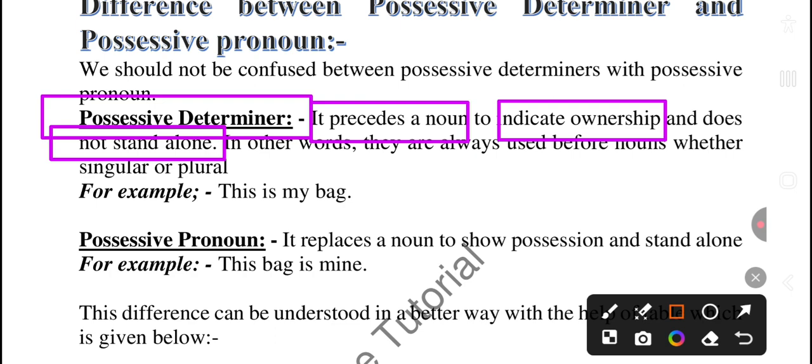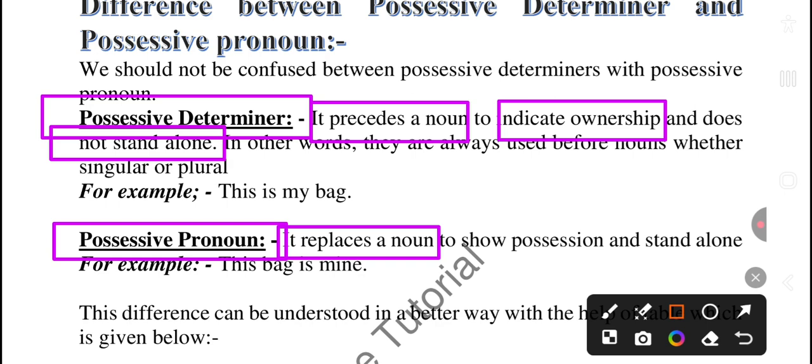This is my bag. Now, what about a possessive pronoun? It replaces a noun to show possession and it stands alone. For example, this bag is mine.